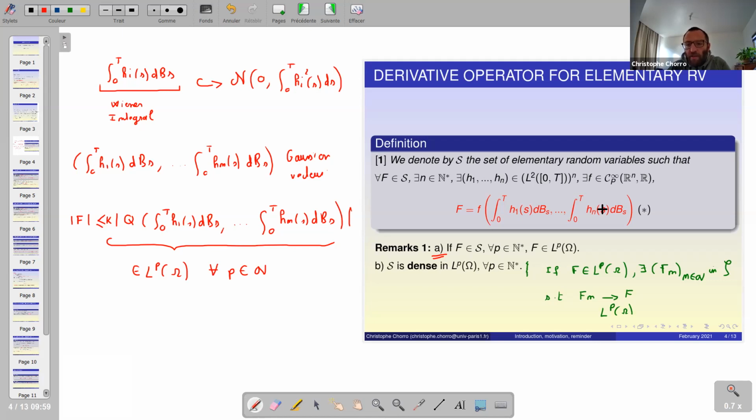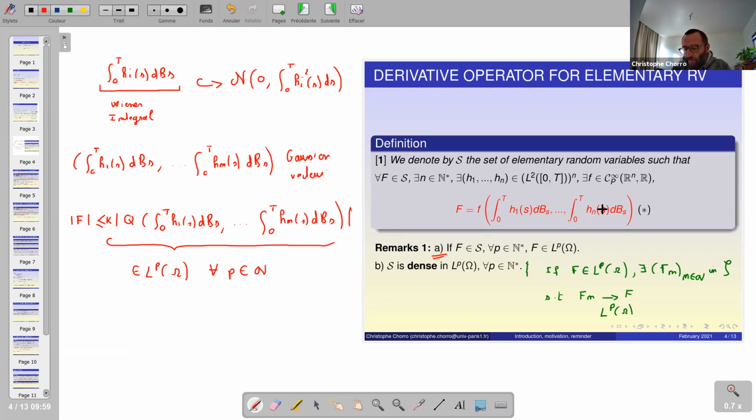So exponentials of Wiener integrals are dense, considered as a vector space. And what is an exponential? An exponential is just a polynomial with infinite degree in some sense. So I can approximate an exponential well by polynomials, explaining why S is dense in L^p.